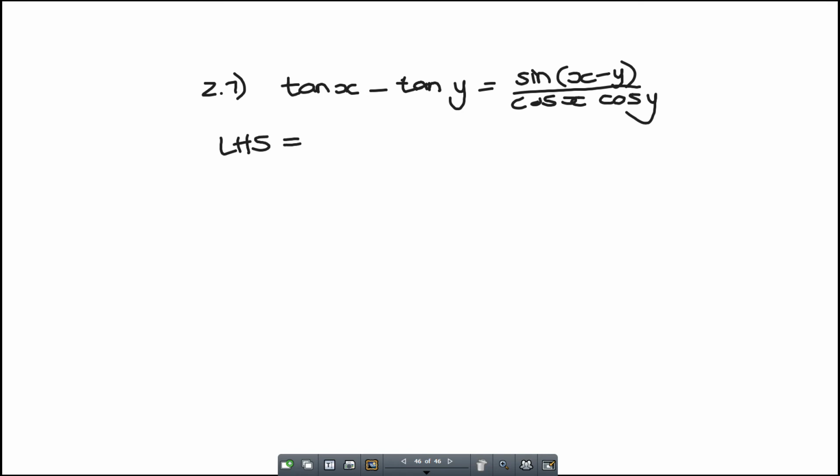En ons het gesê, the first step would always be change it to sine and cos. Okay? So that tan x, I'm going to change to sine x over cos x. And the tan y becomes sine y over cos y. Okay, so now I've got two fractions, but they haven't got the same denominator, so I can't minus. How can we change that? We make denominator the same. So let's make our denominator cos x, cos y.